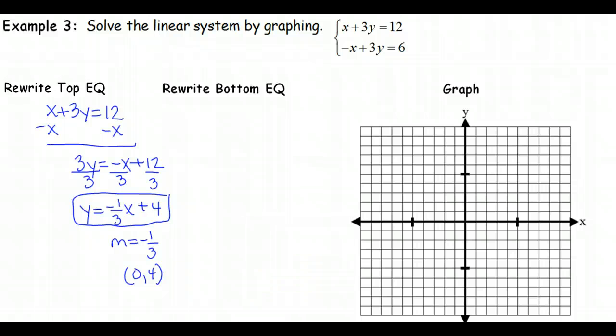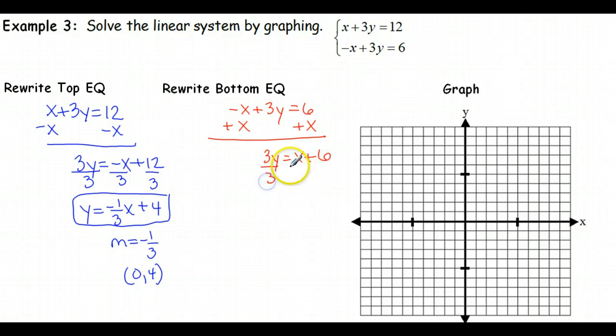Our second equation, also the bottom equation, is negative x plus 3y equals 6. Add x to both sides of the equation, and we'll be left with 3y equals a positive x plus 6.